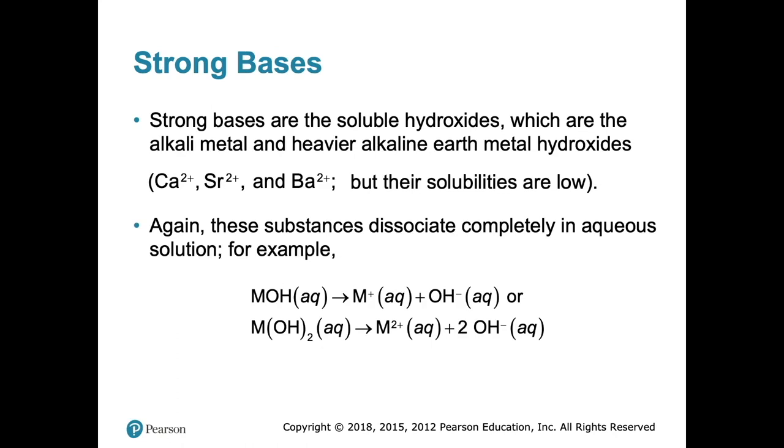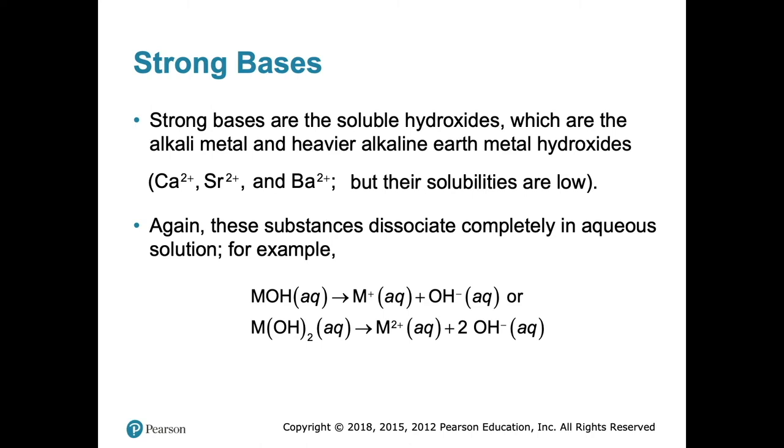Strong bases are soluble hydroxides, which are alkali metals and heavy alkaline earth metal hydroxides. So things like calcium, strontium, and barium, but their solubilities are low. But again, these substances dissociate completely.